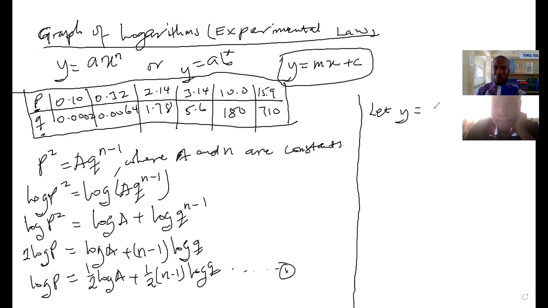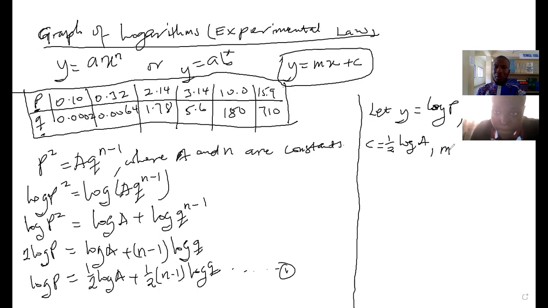So we'll let y equal log p. Then here, this is our constant because this doesn't have both p and q. So c equals 1/2 log a. And then this involves our q, and so this will be our m.